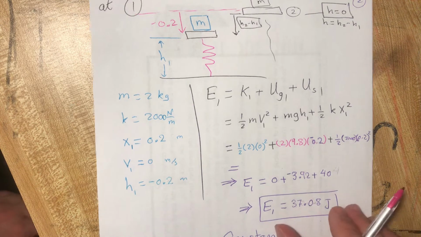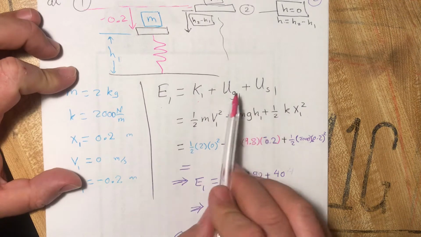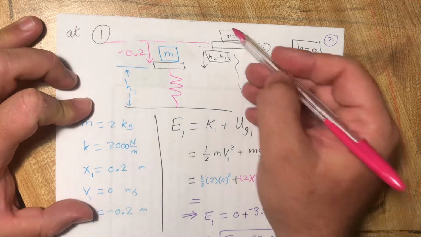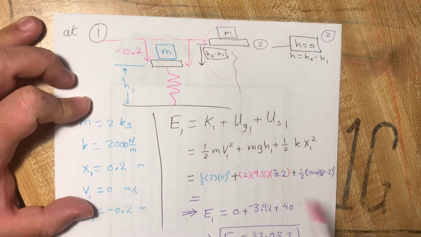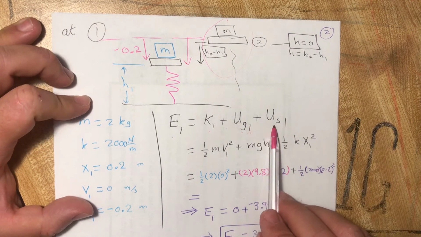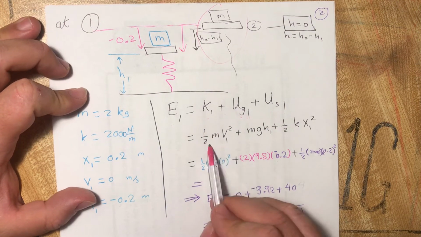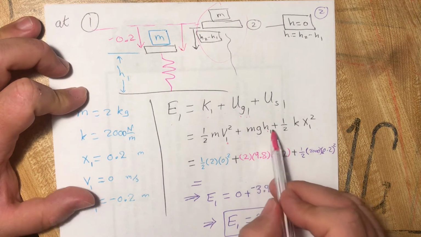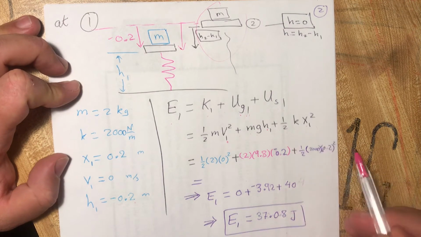Our potential may have negative values. It's okay. Now, the mechanical energy for our system is equal to kinetic energy plus the potential energy due to gravity at point number 1, plus the potential energy due to the spring force. The kinetic energy is half mv squared, plus mgh at that point, which is minus 0.2, plus half kx squared.